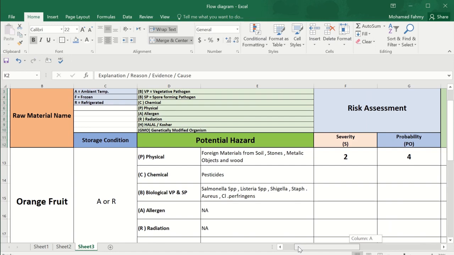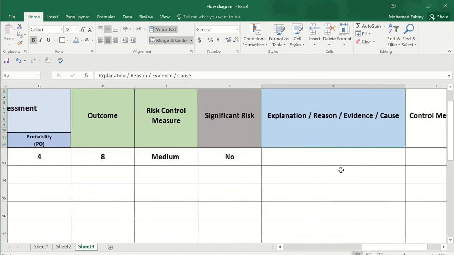We have mentioned that it is a potential hazard, but what are the reasons?